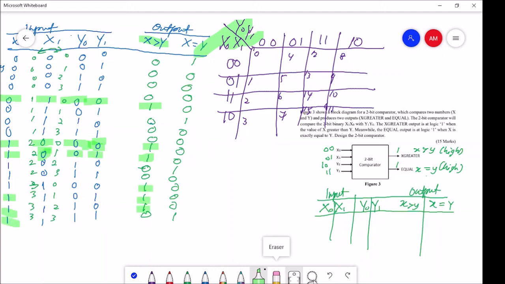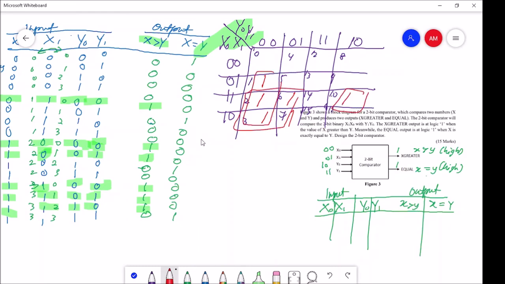We have the high output, which is 1. Now we get the Boolean expression for X is greater than Y.